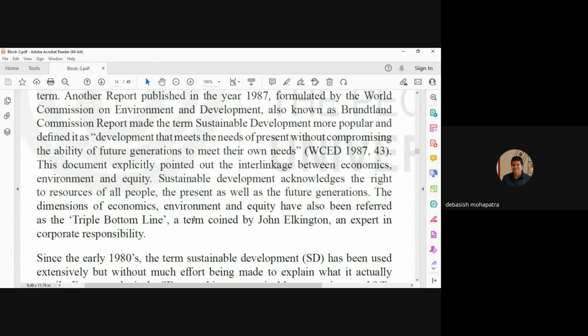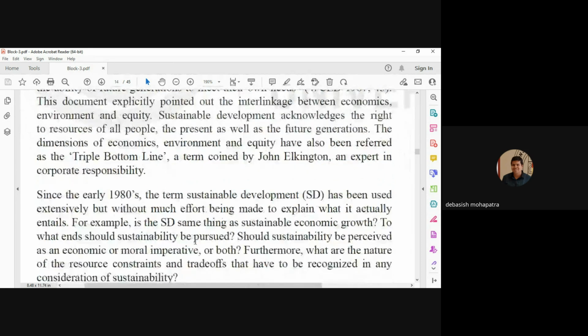These documents explicitly pointed out the interlinkage between economy, environment and equity. Sustainable development acknowledges the right to resources of all people, the present as well as future generations. The dimensions of economics, environment and equity have all been referred to as the triple bottom line, a term coined by John Elkington, an expert in corporate responsibility.